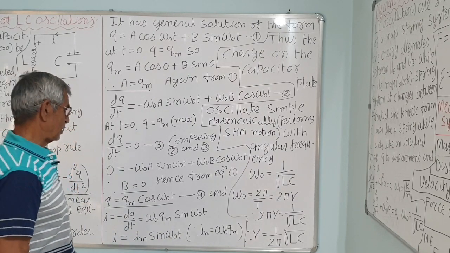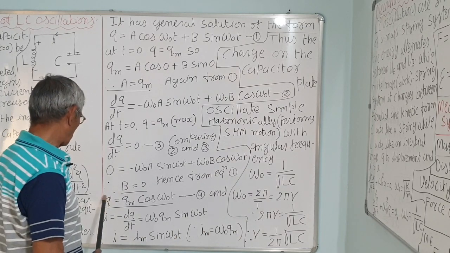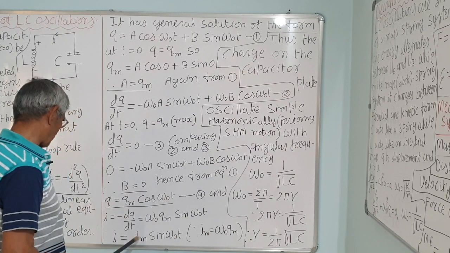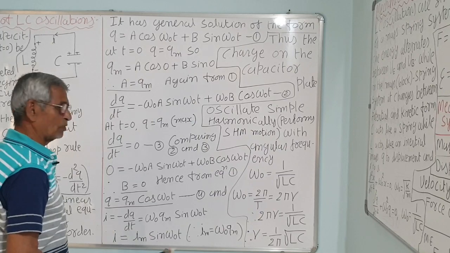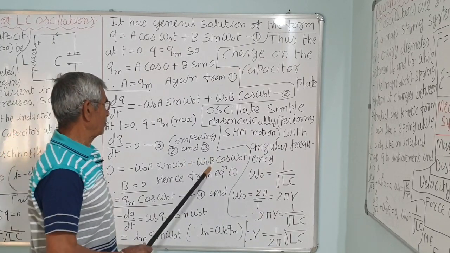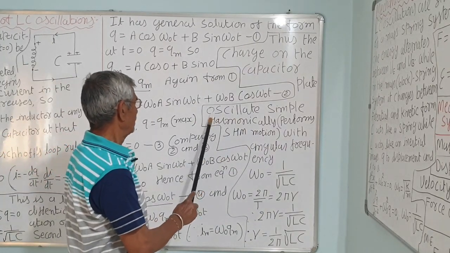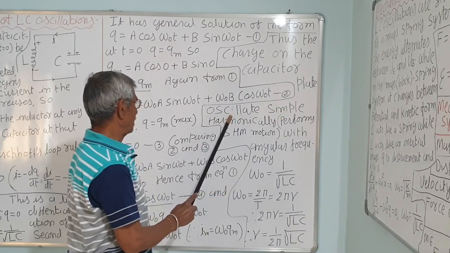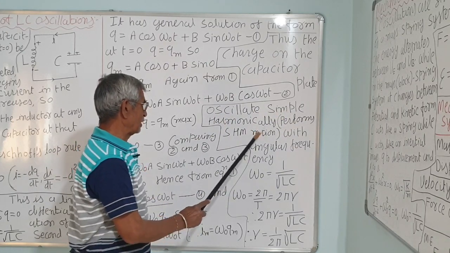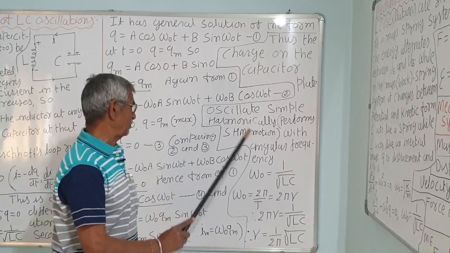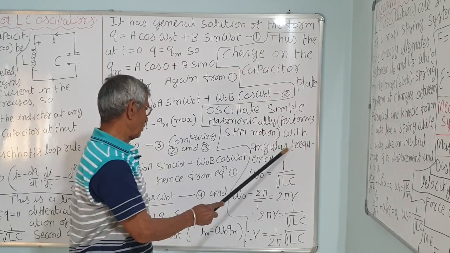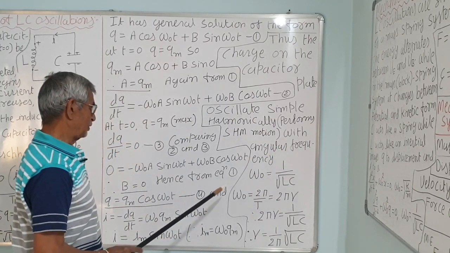The charge oscillates, q is equal to Qm cos omega 0 t. The current also moves to and fro, back and forth, oscillating harmonically, performing SHM, with angular frequency omega 0.